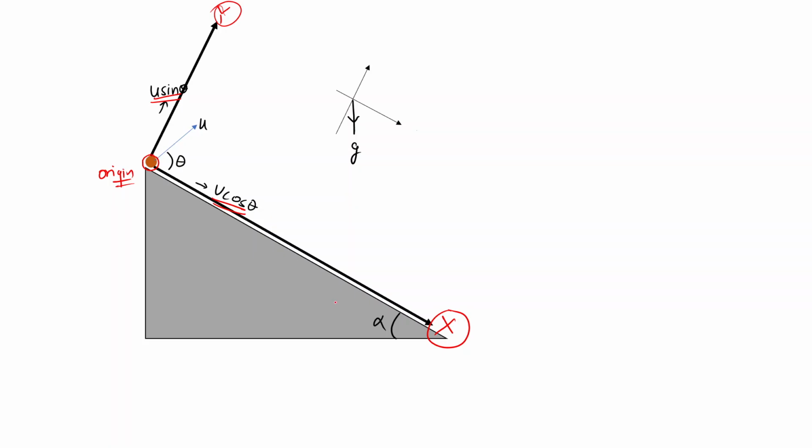This angle is alpha, so we need the angle of inclination to get the components of g. This angle is 90 degrees, so this angle is definitely going to be 90 minus alpha. This angle between the vertical and the incline will also be 90 degrees minus alpha. So you can resolve g as g sin alpha and g cos alpha.